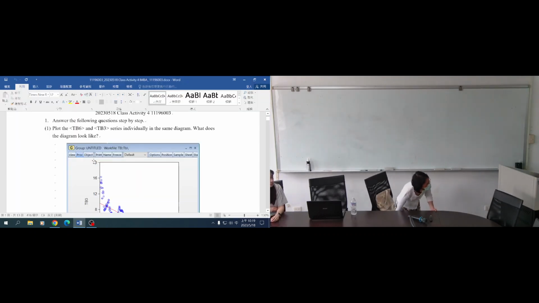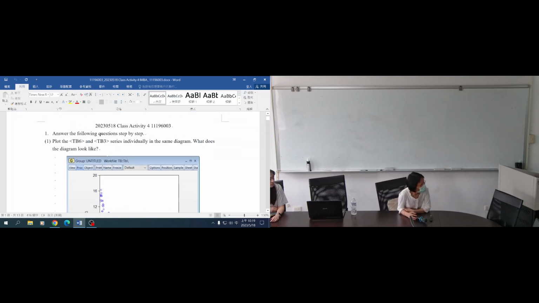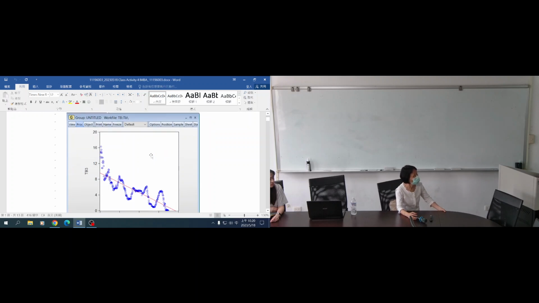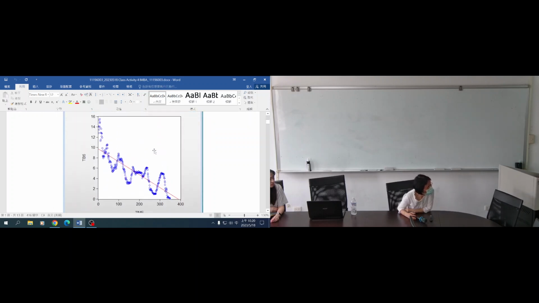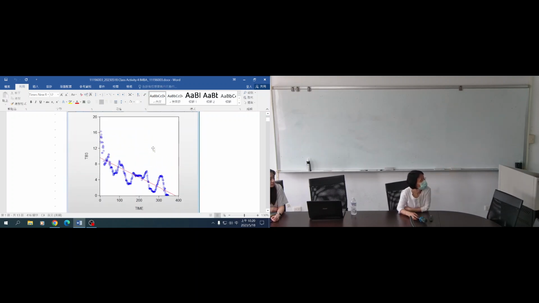Okay, so the first graph, this is what I got for the first one. Although it says in the same diagram, I think it's the same. Yeah, the y-axis is TB3 and the x-axis is time.